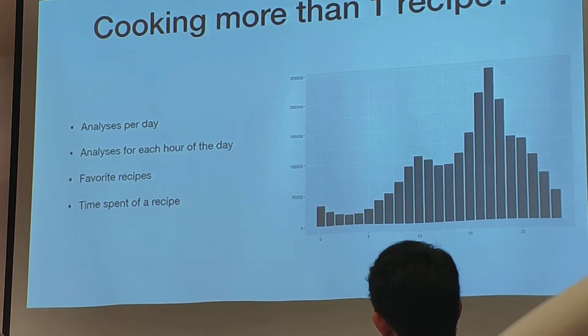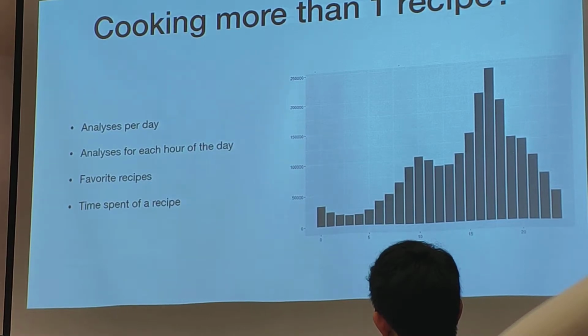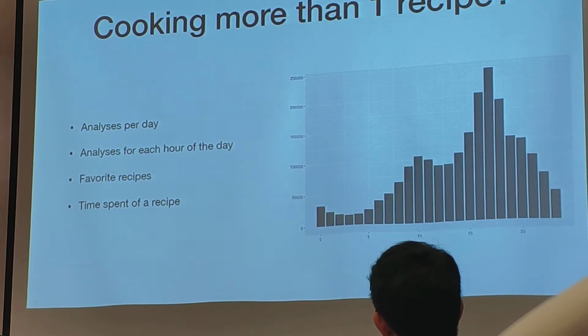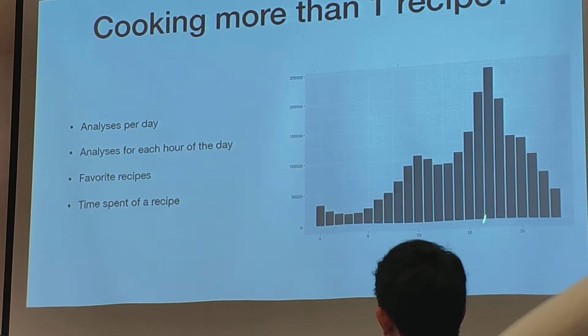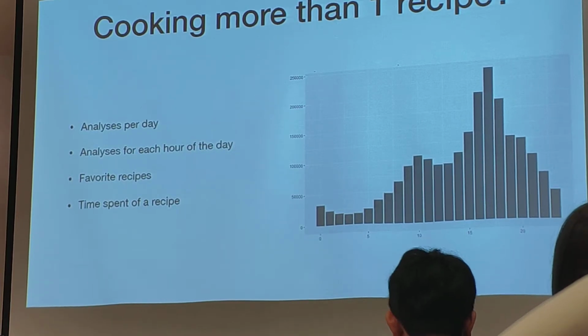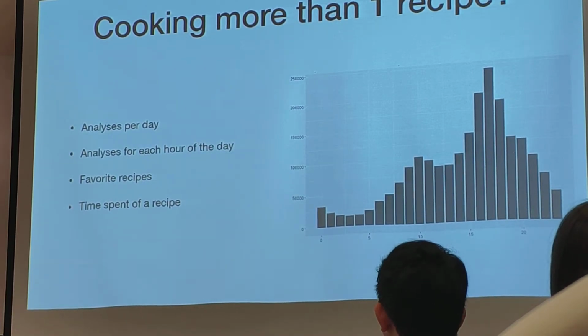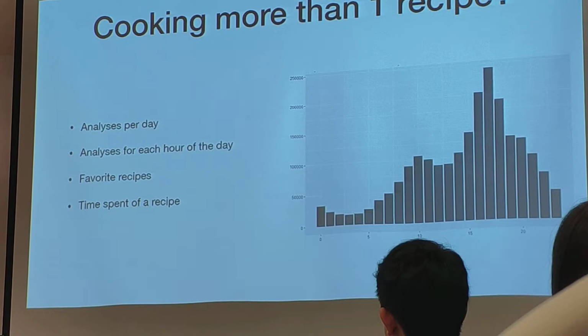So I can see here the distribution of the logs according to the hour of the day. And I can see here that my application has been used between 3 p.m. and 8 p.m., okay? So that's the kind of information that I can get from what I record, okay?